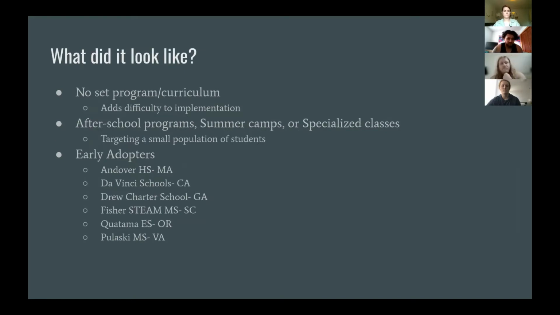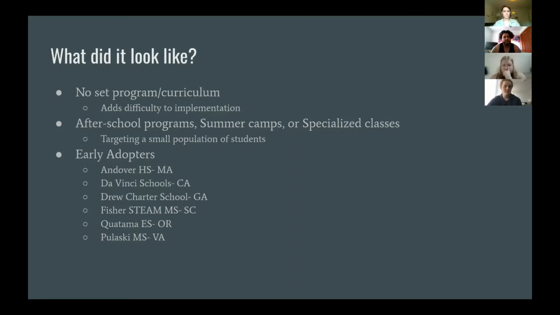So what did it look like? There was never really a set program or curriculum for STEAM, which added more difficulty to the implementation. Without a solid blueprint or guide, teachers were free to do whatever they wanted with the idea. So this led to after-school programs, summer camps, and specialized classes. The only problem with this is that it targeted small populations of students.